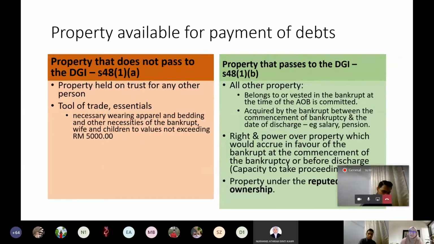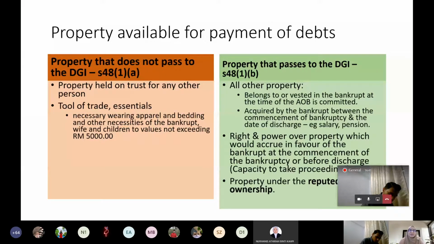So it is like before and after. Before the bankruptcy order and after the bankruptcy order is made against the debtor, all properties belonging to the bankrupt person will vest to the DGI. Okay, and then apart from the property, the second one here, right and power over property which will accrue in favor of the bankrupt at the commencement of the bankruptcy or before discharge.